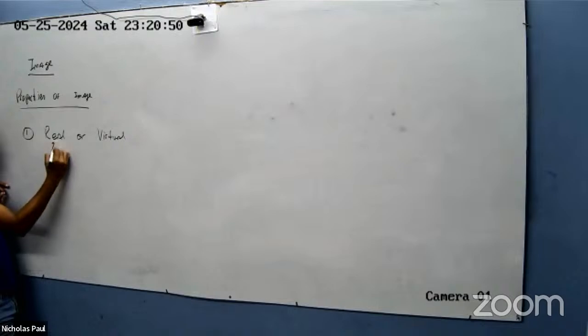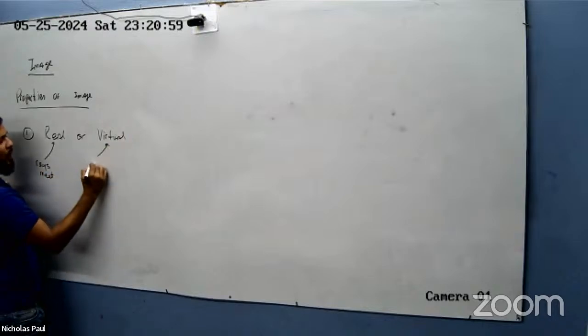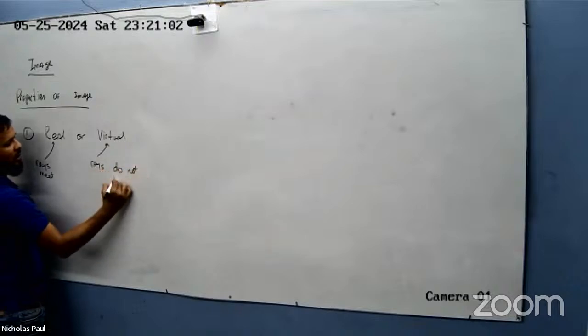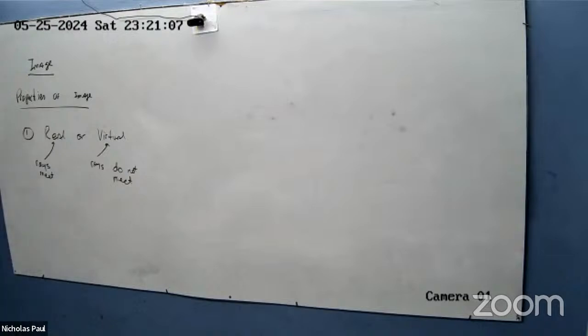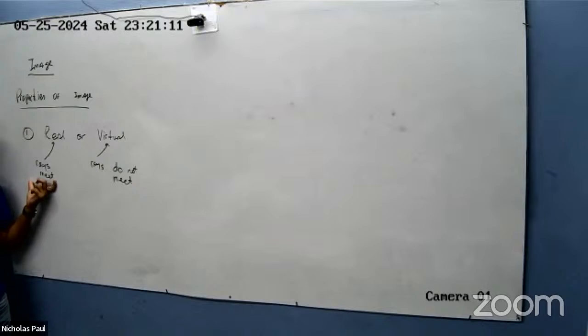Well, the rays meet. And if the rays do not meet, we have something called virtual. So an image could be real or virtual. If the rays meet, I'll show you what it means for rays to meet, we have a real image. If they do not meet, it is said to be virtual.